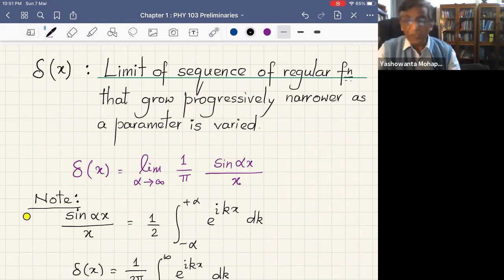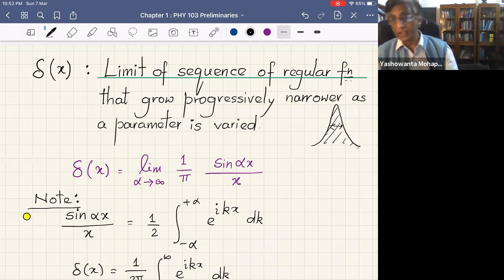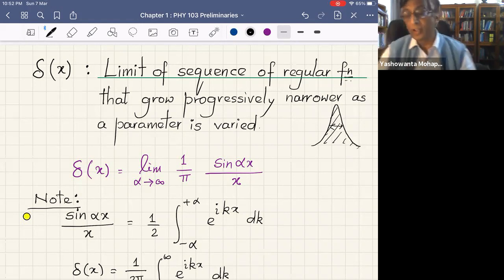So it's a peaked function, and if I make the width narrow, keeping the area under this curve finite, or 1, then it becomes the sequence.